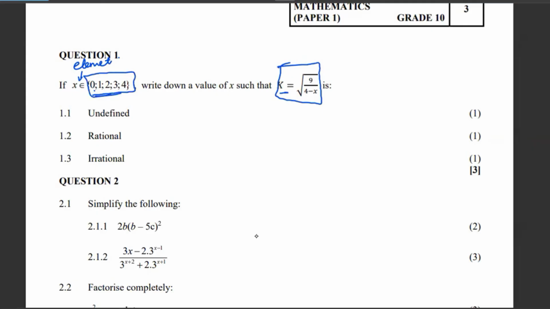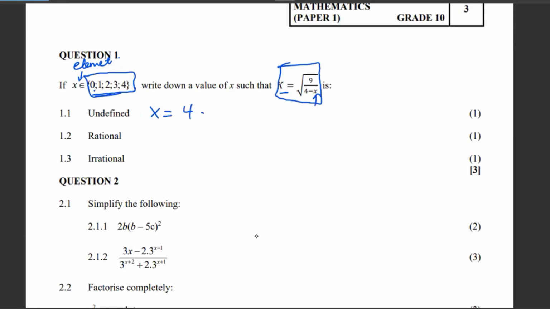When something is undefined, one thing we need to know is that the denominator must be 0. So if you have, let's say, a over 0, then it's undefined. We don't care whether it's under a square root or a cube root, but for as long as the denominator is 0. So which number can I replace with X here to make this denominator 0? It means X has to be 4. So if X is 4, then I'll have the undefined.